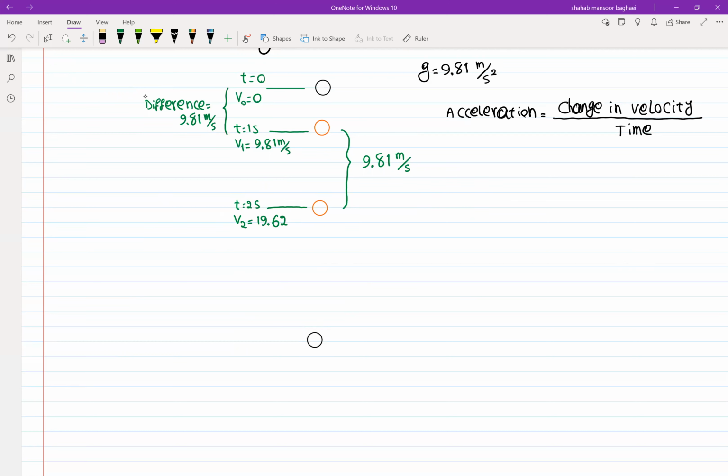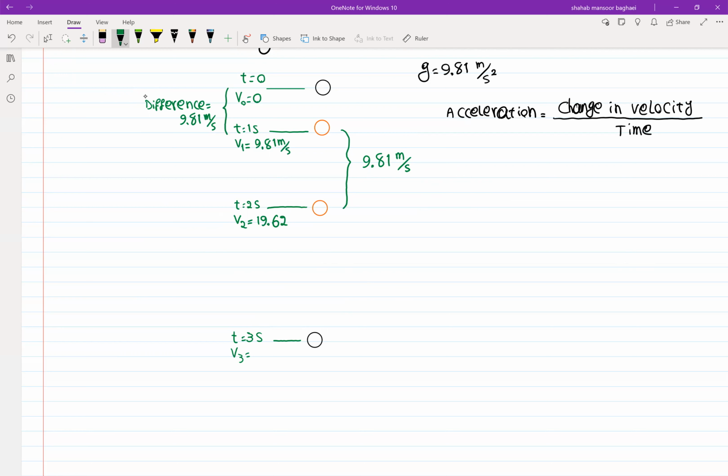Okay, this is t equal to 3 seconds. So what happens to velocity here for this time interval? I mean V3. What do you think?